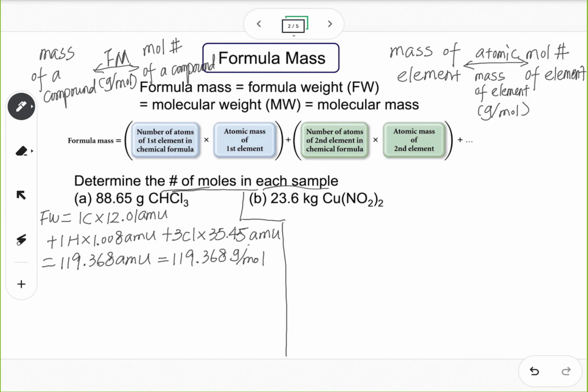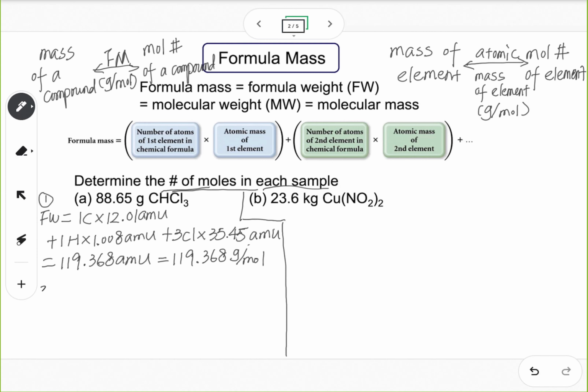Some of you may ask, what's the significant figures that we should have? When you calculate the formula weight or formula mass, because these numbers are from the periodic table and the formula, they can be considered as constants. Therefore, you don't have to worry about the significant figures. But you do need to consider the significant figures of this data because it's from measurements.